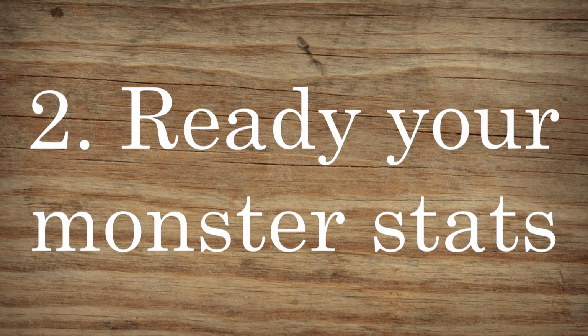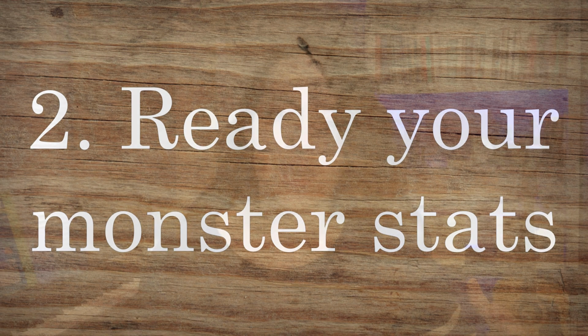Number 2, you want to have your monsters for any prepped encounters at the ready. What I mean by that is have their stat blocks at hand and easy to grab and reference, and also jot down things like AC and health, so that you have that ready to go.